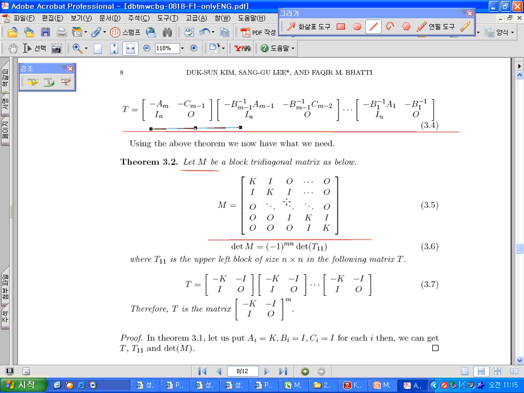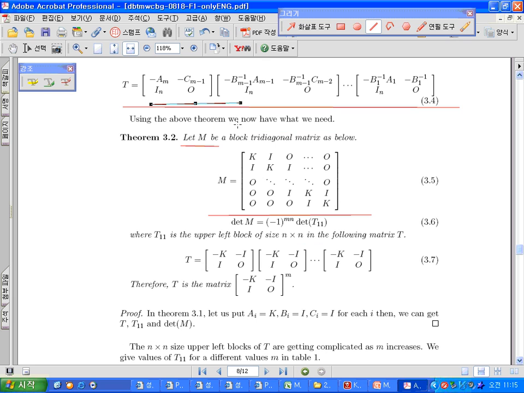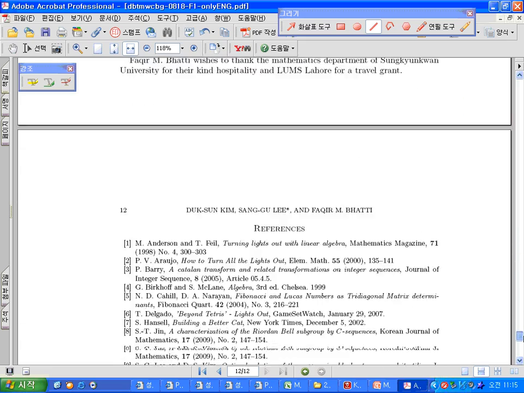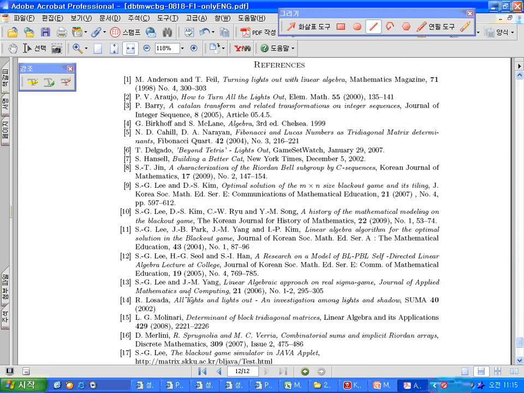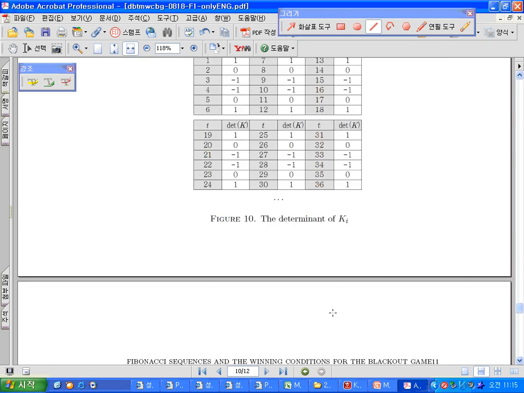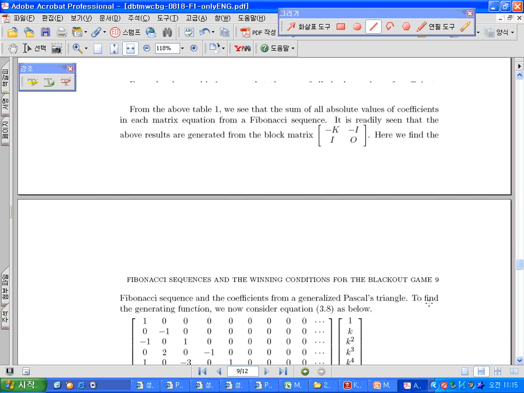a much simpler matrix. So from this previous theorem, which was proved by others, in paper 15 here, Molinari in 2008, the determinant of the block tri-diagonal matrices. So it was recently proved, so we could use it.